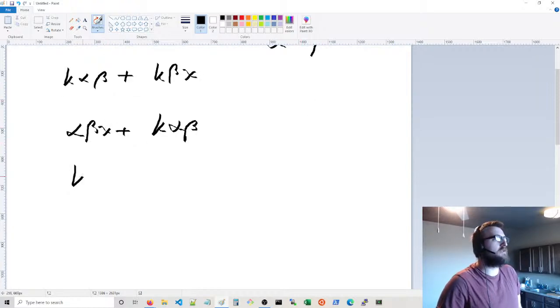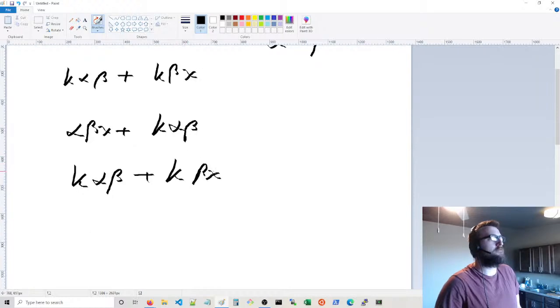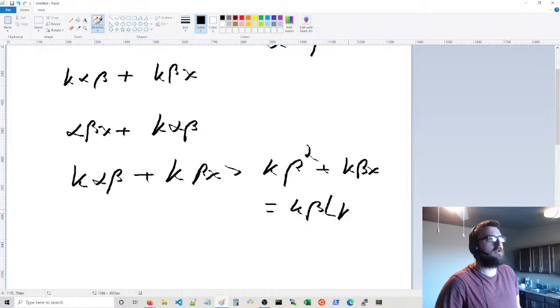That means that k alpha beta plus k beta x is greater than k beta squared plus k beta x, which is k beta times beta plus x.